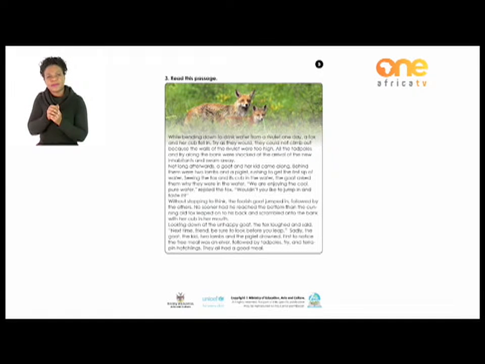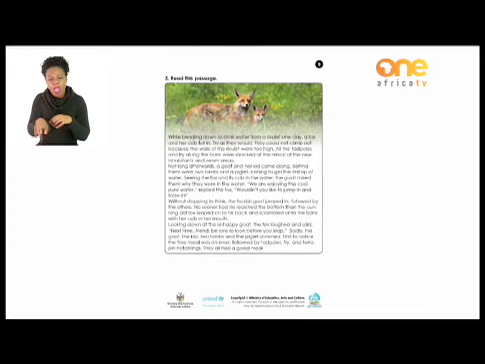Looking down at the unhappy goat, the fox laughed and said, "Next time, friend, be sure to look before you leap." Sadly, the goat, the kid, 2 lambs, and the piglet drowned.